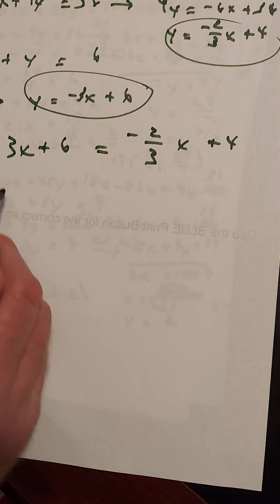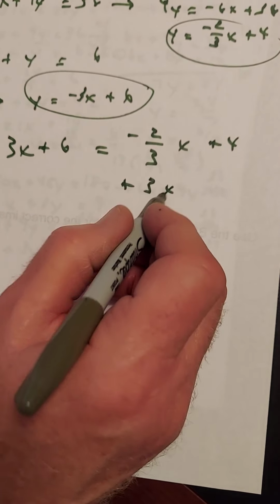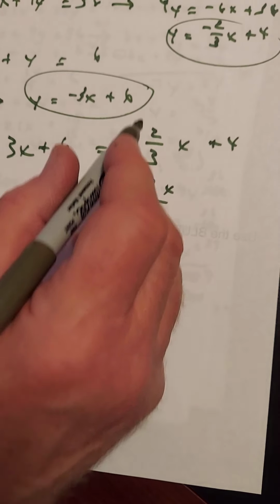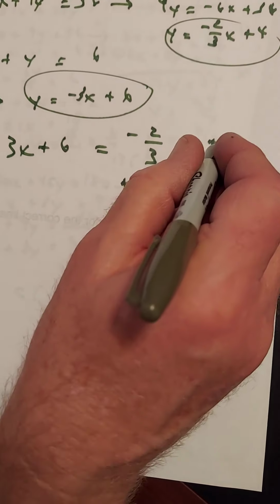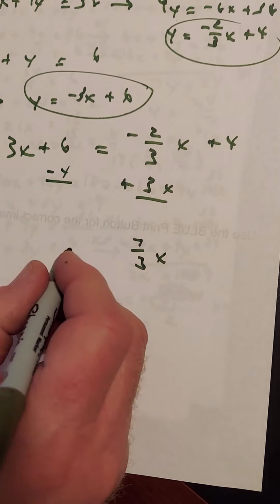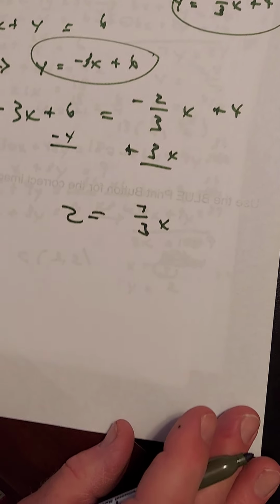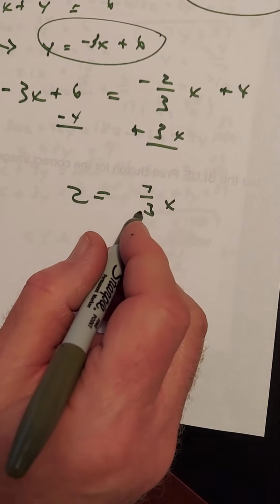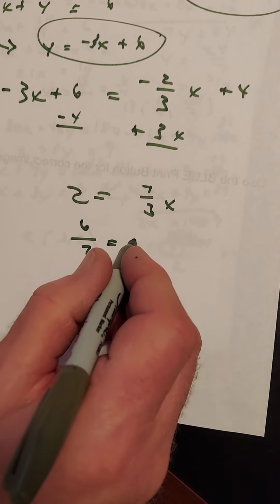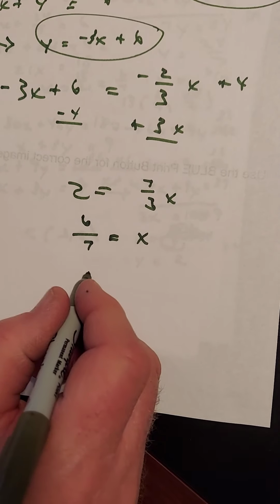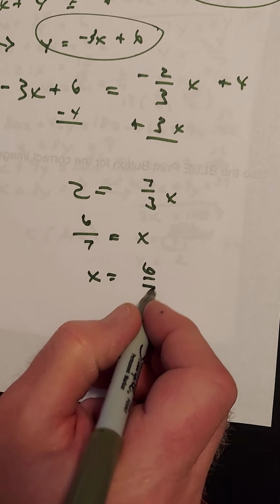I'm going to add 3x over here. So that's like 9/3 plus negative 2/3. That's going to be 7/3 x. And I'm going to subtract the 4 over here, so that's 2. And if I cross multiply, I'm going to get 6/7 equals x. And that's what I had before, 6/7.